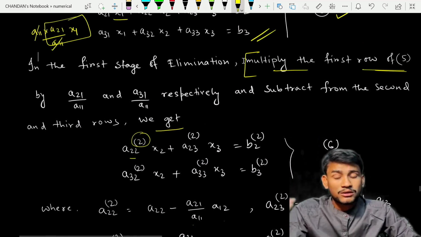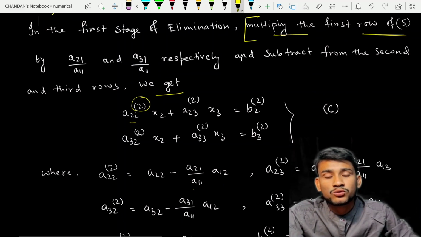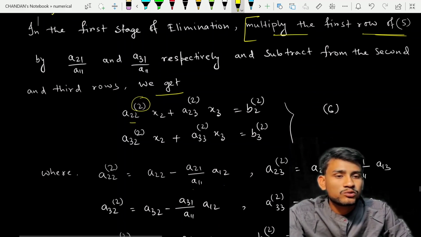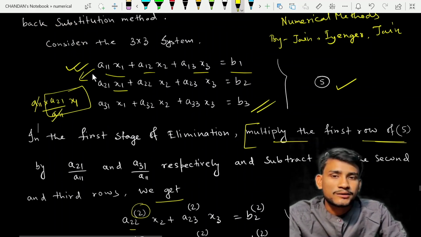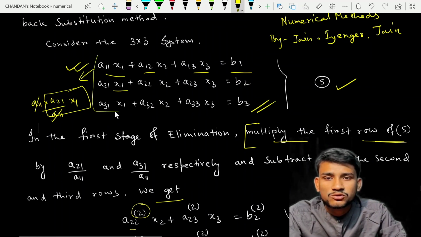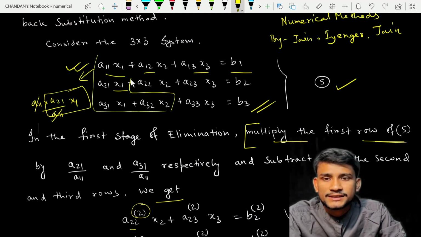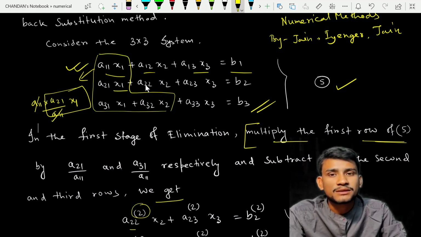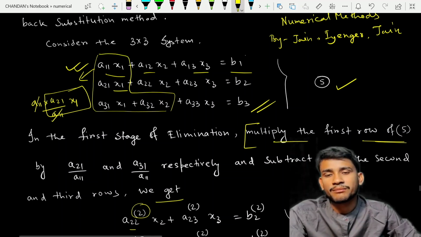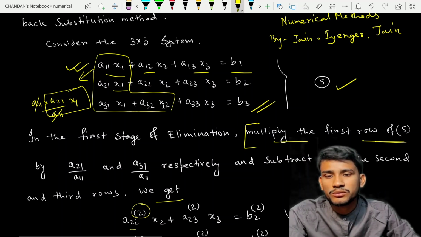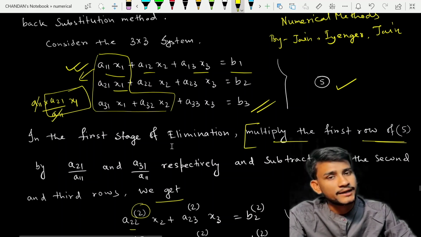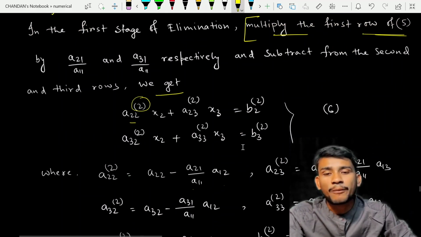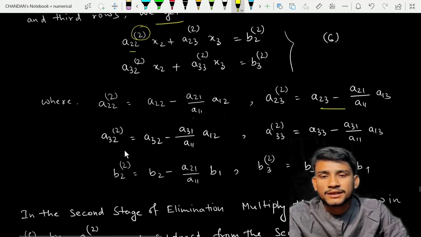Then a23 superscript 2 is equal to a23 minus a21 by a11 into a13. Our motto is to vanish these 3 terms, to convert the system into an upper triangular system. That's why we multiply these quantities and subtract from the second and third row respectively to get the upper triangular system, and these are the coefficients.